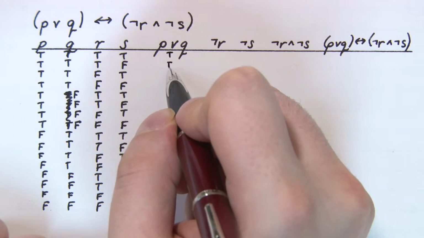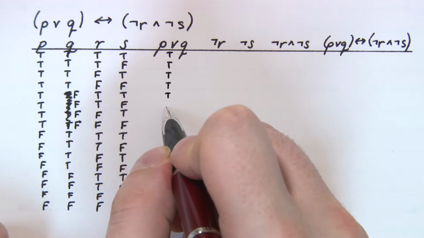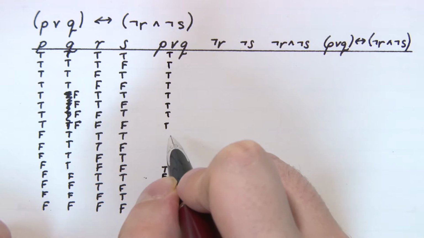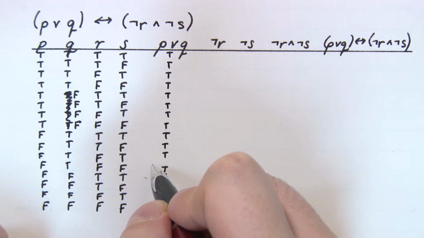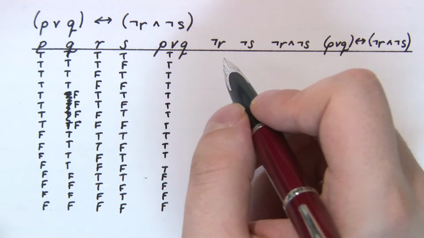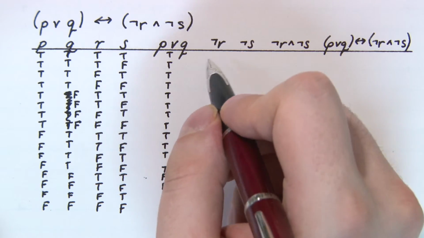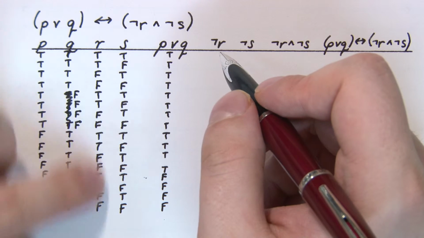And I fill in my trues then. Good. And then, let's see, I have not R, so it's just this column here.